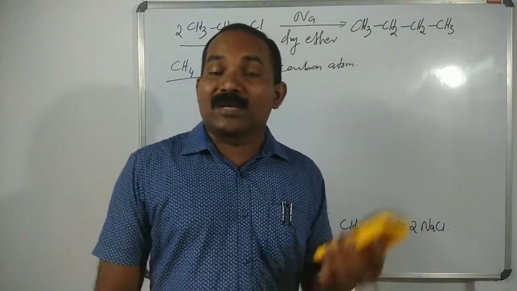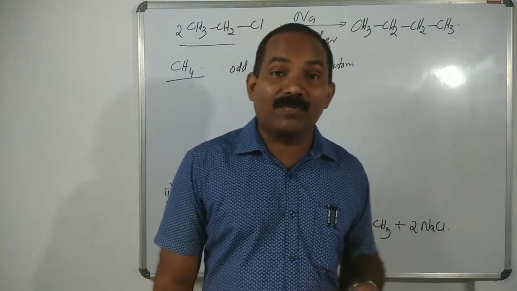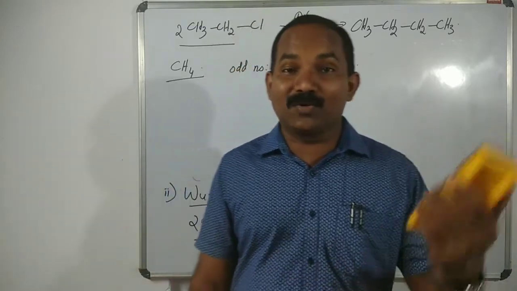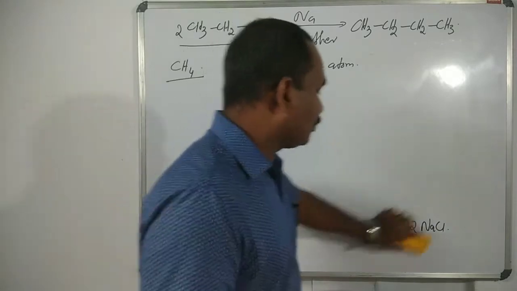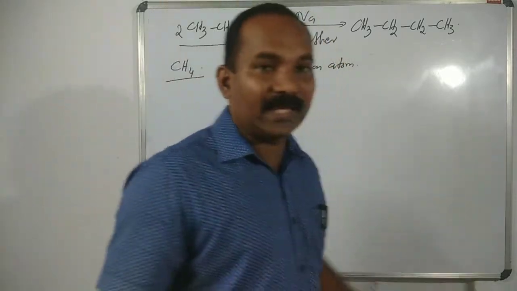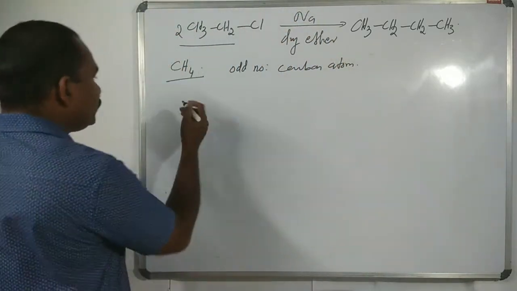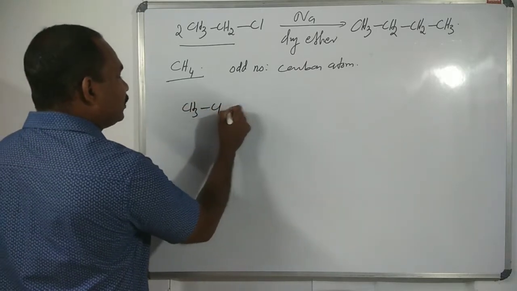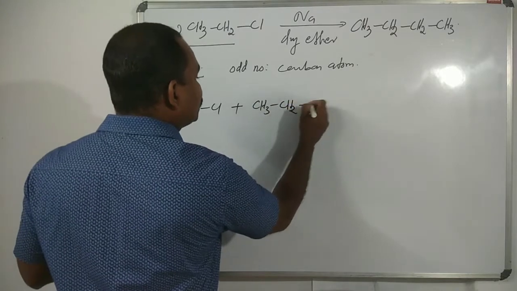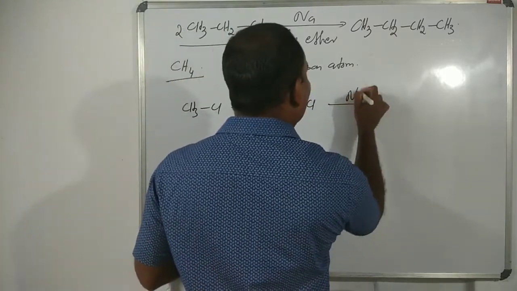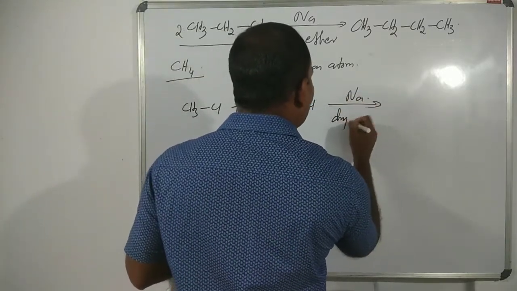Some students are asking, sir, what about a methyl group and an ethyl group taken together? Somebody has a doubt, so I'll explain what happens. CH3Cl plus CH3CH2Cl in the presence of sodium and dry ether.